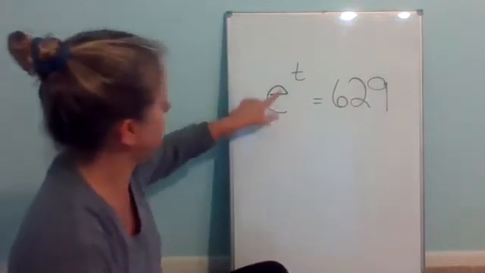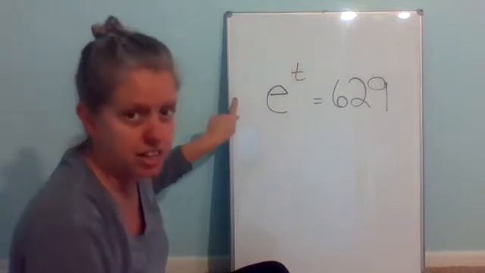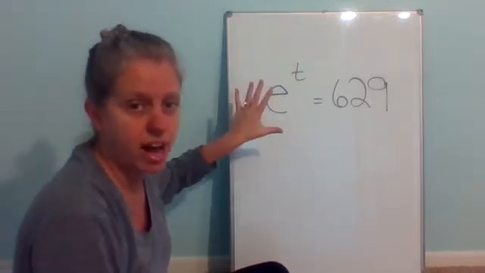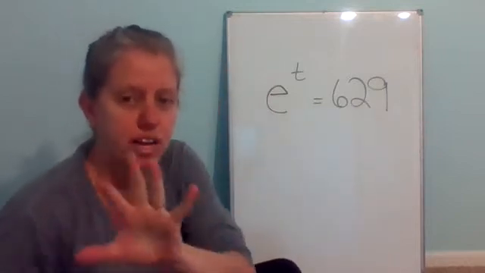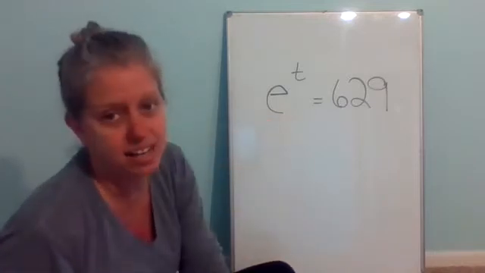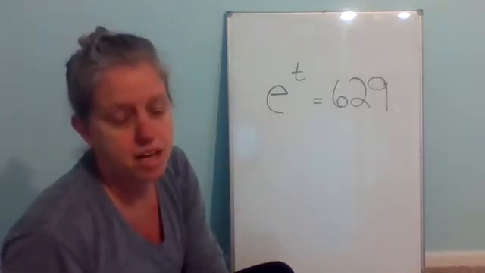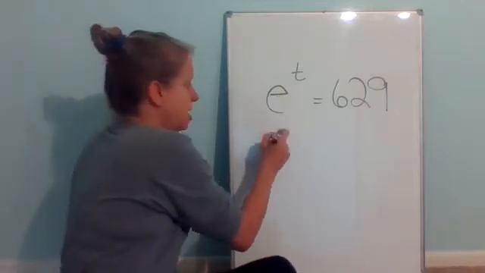Because here's my t that I'm solving for, which means I need it to come out of the exponent. The way I get it to come out of the exponent is I'm going to log both sides, but instead of regular log, I'm going to natural log both sides, since I'm dealing with an e. I can do anything to one side as long as I do it to the other. So I'm just going to ln both sides.